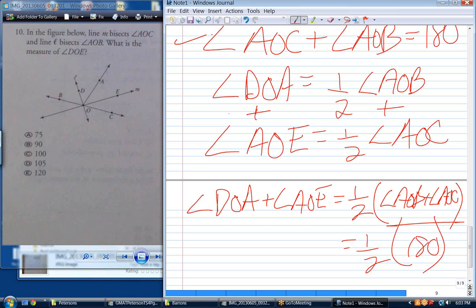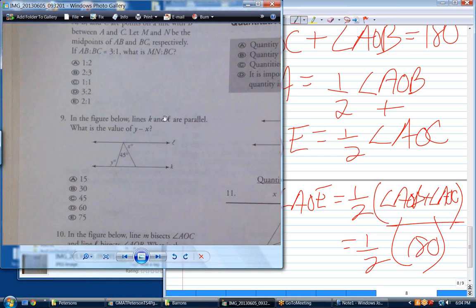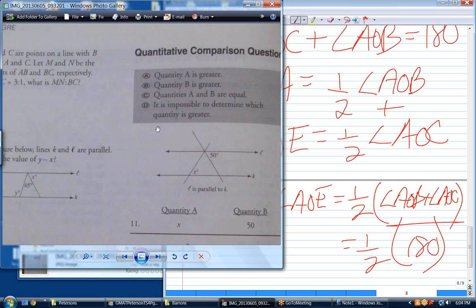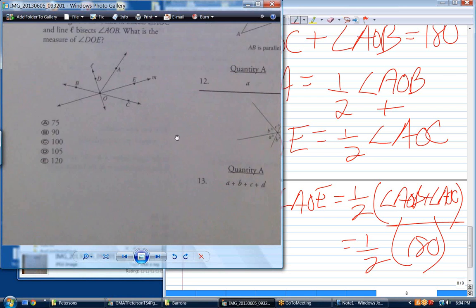In other words, if we did not know how to solve this and we had to guess, this is something you would definitely want to guess on because I wanted to say 90. But the problem with that is we just saw that other problem that was drawn so out of whack, where they weren't even close.